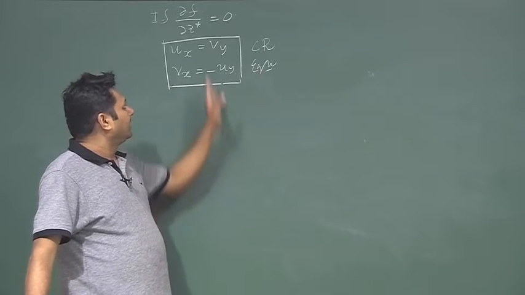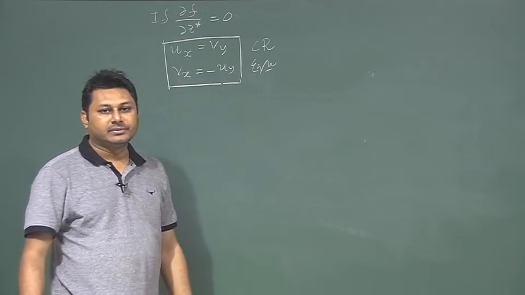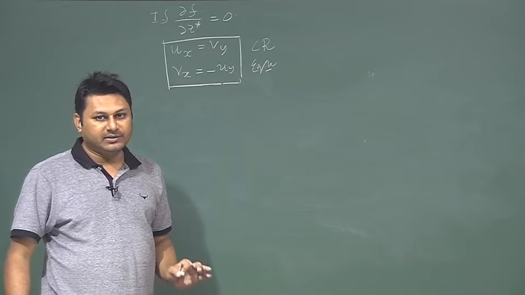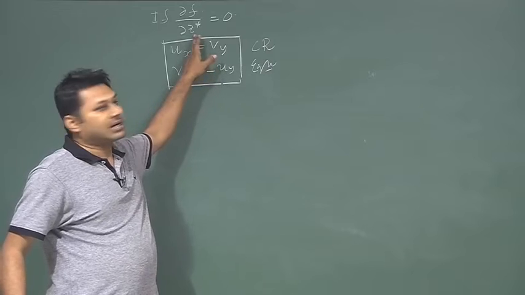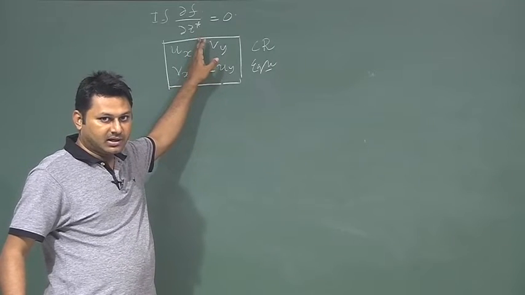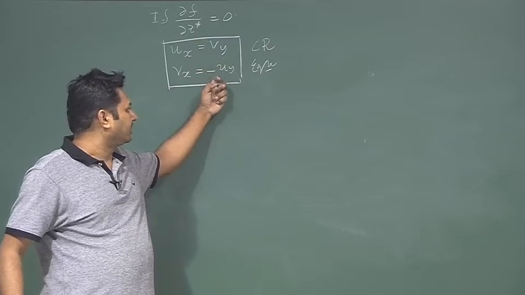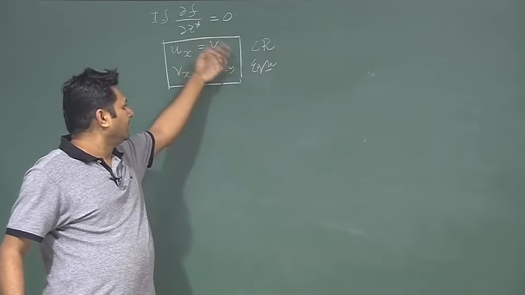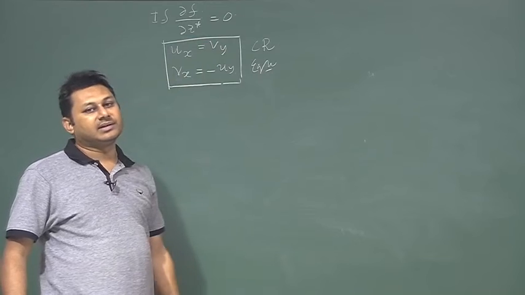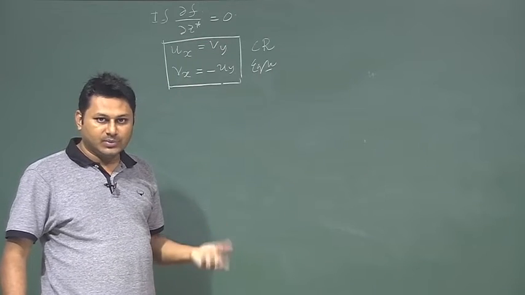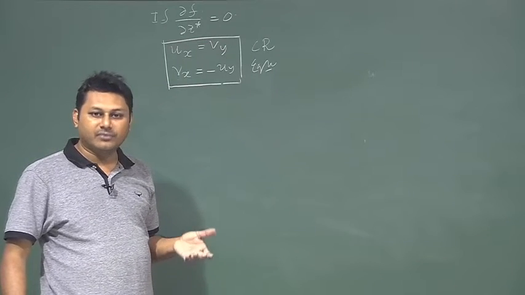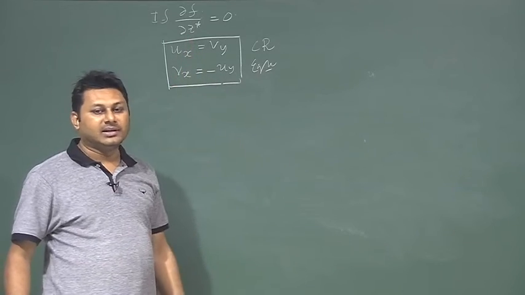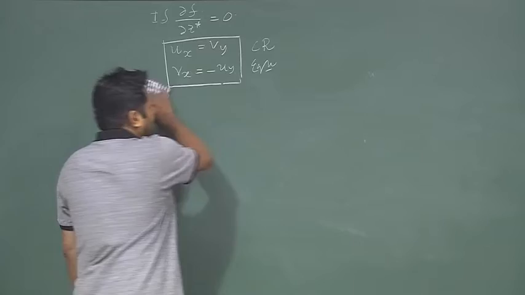Second thing is that the given function f z should not be an explicit function of z star. If it is an explicit function of z star, then this equation will not be satisfied. If it is not an explicit function of z star, then eventually the CR equation is satisfied. So, that means the CR equation is satisfied for the function when z star is not an explicit dependence of that.